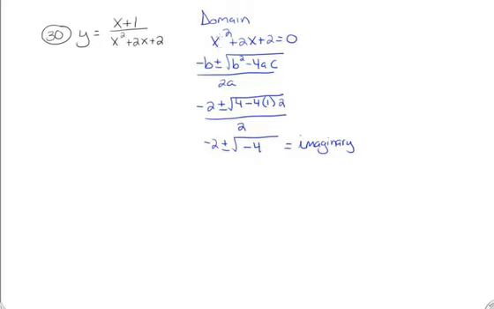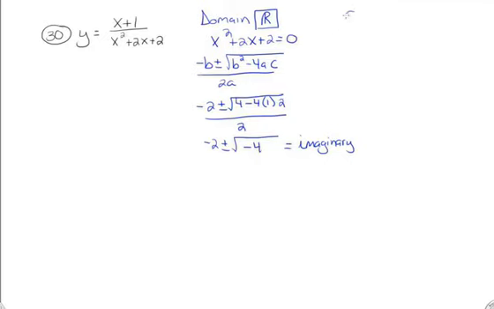I plug in a number like negative 10, and I get 100 minus 20 plus 2. It's positive. So it's always positive. Okay, so what I've just learned is that my domain is, in fact, all real numbers. All right, and we'll see what implications that might have as we get closer. Okay, so no endpoints to check.